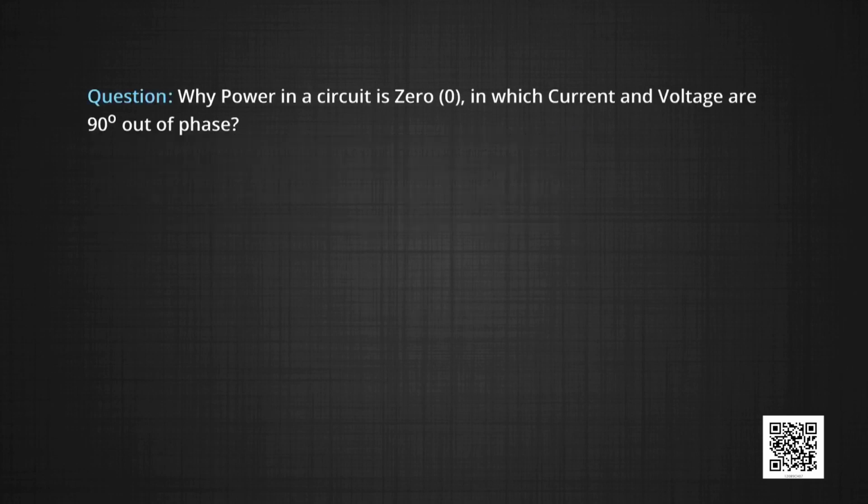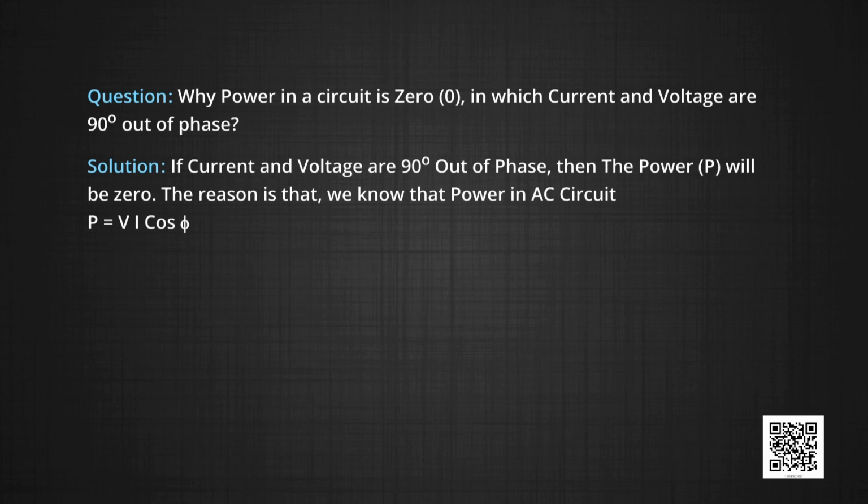Okay, one more question. Why is power in a circuit 0 when current and voltage are 90 degrees out of phase? Just think about what we have done earlier, when we used the inductor or capacitor with the AC source; we showed it in phasor form also. If current and voltage are 90 degrees out of phase, then the power P will be 0.